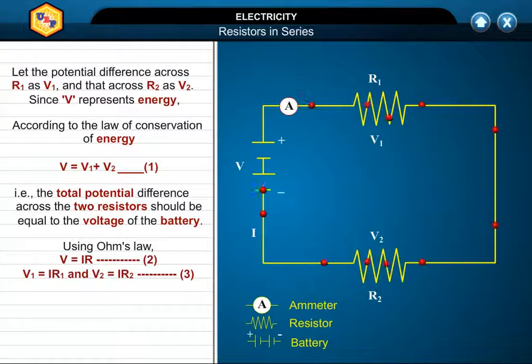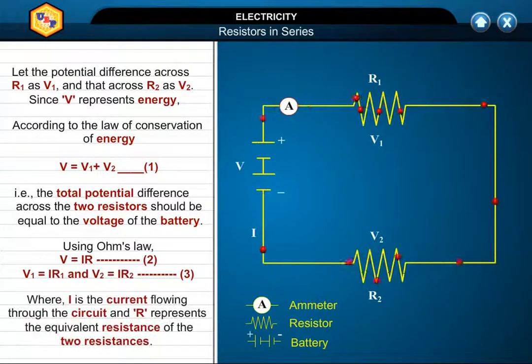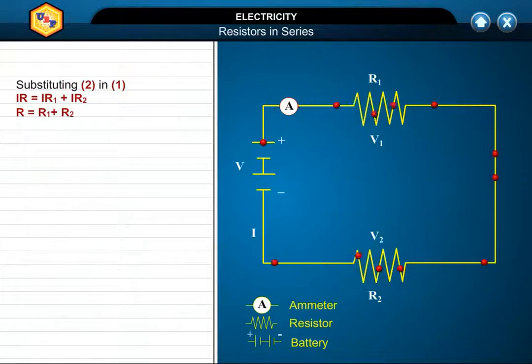Using Ohm's law, V is equal to IR. V1 is equal to IR1 and V2 is equal to IR2. This is equation 2, where I is the current flowing through the circuit and R represents the equivalent resistance of the two resistances. Substituting 2 in 1, we get IR is equal to IR1 plus IR2.